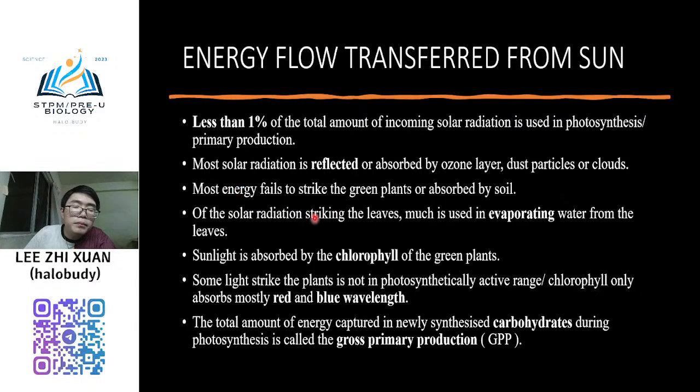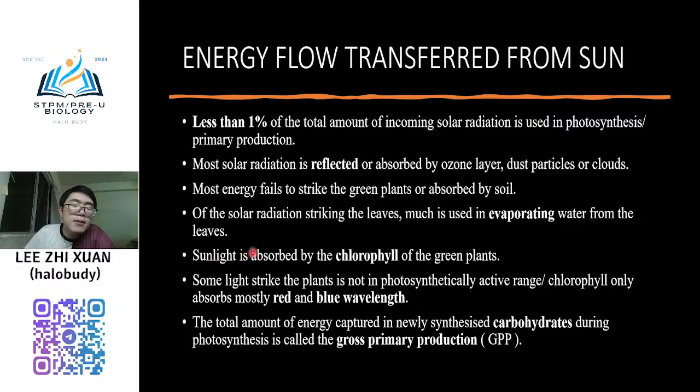And then, of the solar radiation striking the leaf, much is used in evaporating water from the leaf, so some of the solar energy is not absorbed. I already mentioned evaporation, because water evaporates from the plant.